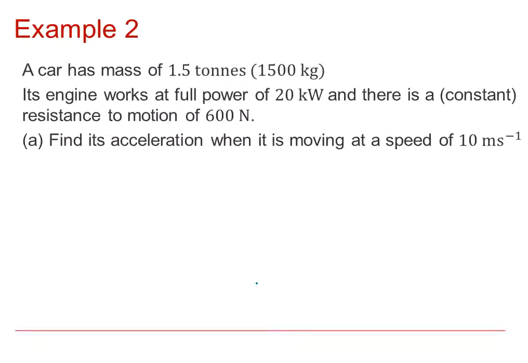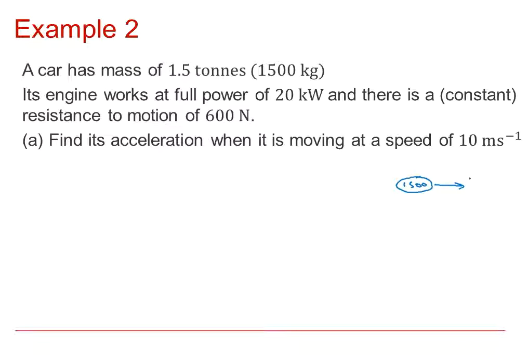In this new problem, we have a car of mass 1,500 kilograms. Its engine works at a full power of 20 kilowatts, and there's a constant resistance to motion of 600 newtons. And the first thing we've got to do is to find its acceleration when it is moving at a speed of 10 meters per second. So if we just consider a quick diagram here, we've got 1,500 kilograms.